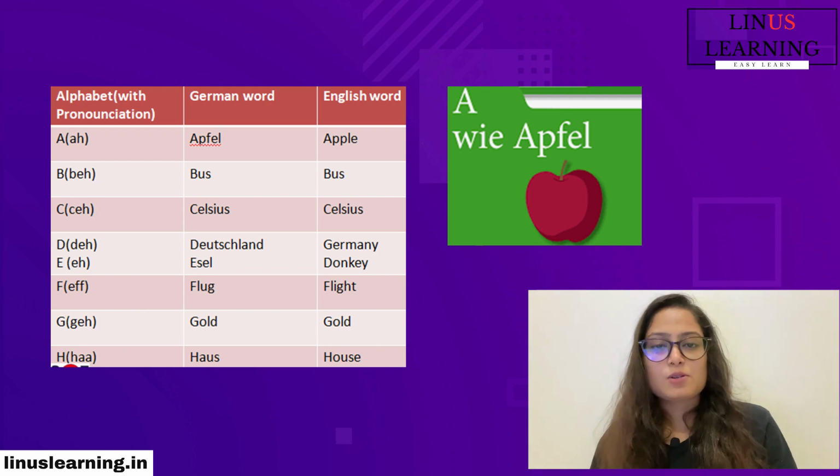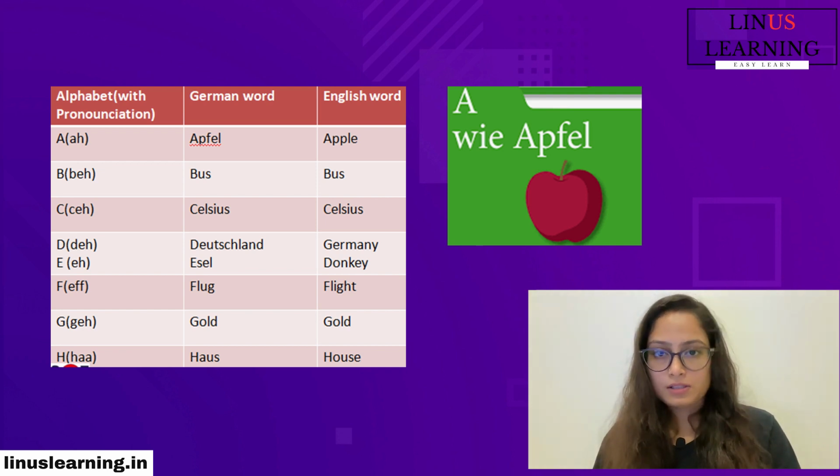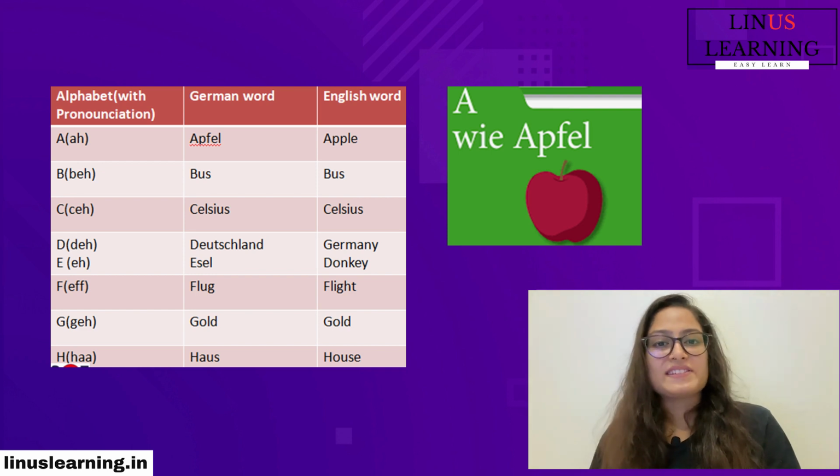A is called A in German. B is called B. C is called say, like with a silent T and S, say.